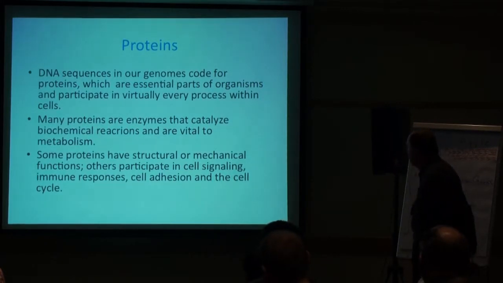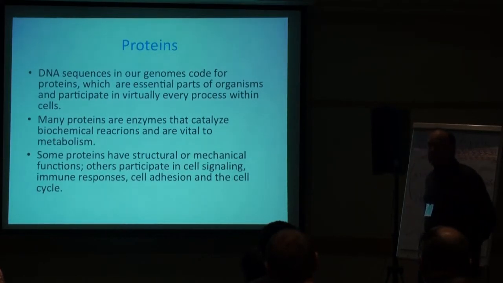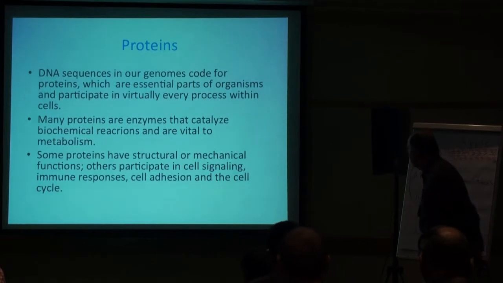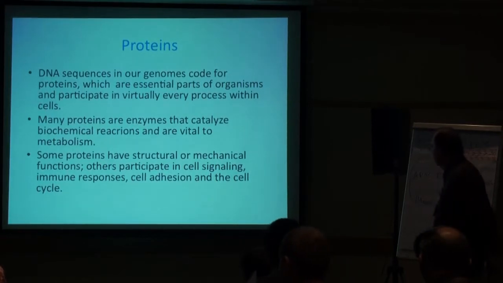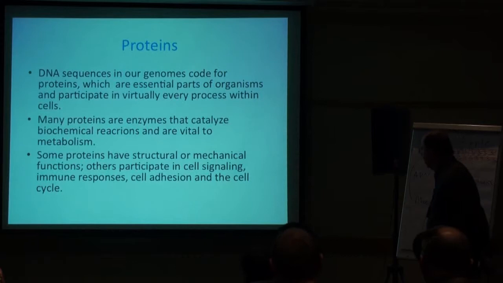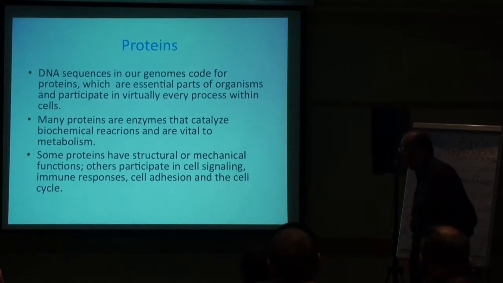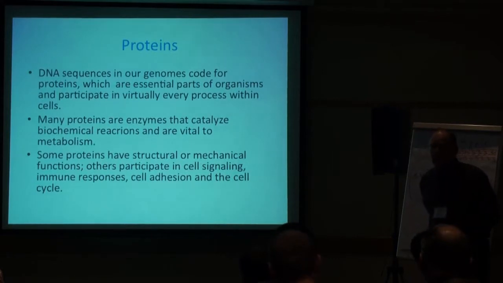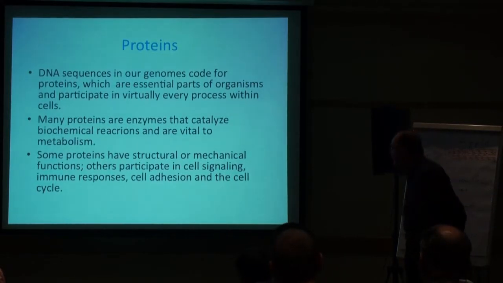Many proteins are enzymes that catalyze biochemical reactions and are vital to metabolism, and proteins have many functions in the cells, structural or mechanical functions, and also functions having to do with the conveyance of information from one cell to another and the response to signals that impinge on cells.